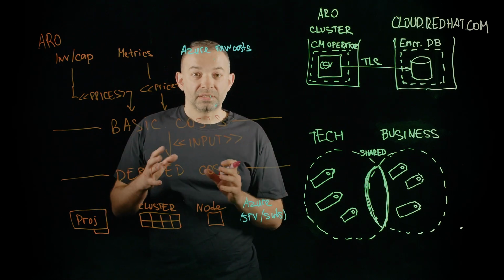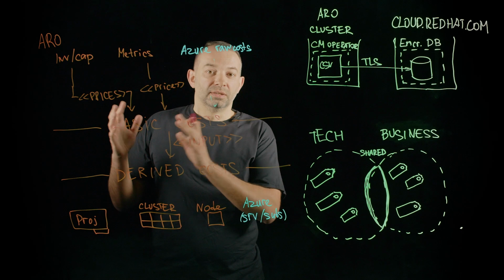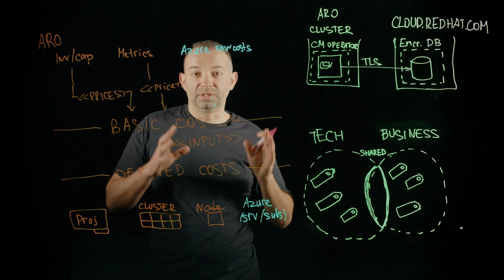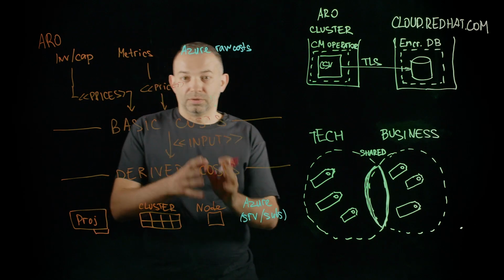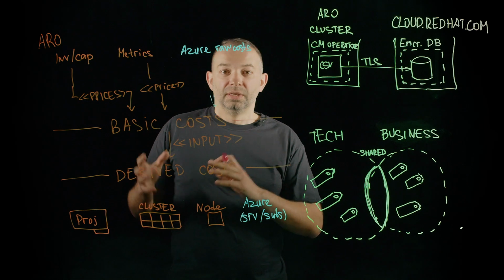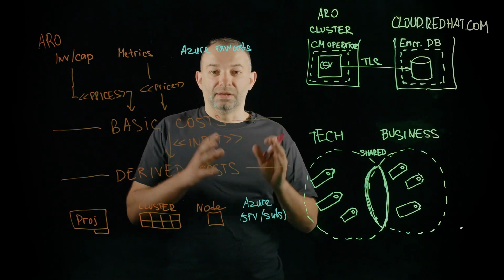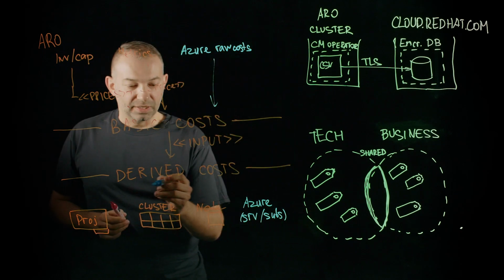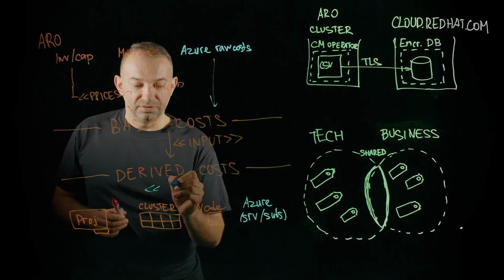Maybe you have several clusters, and that's why you're interested in this: development, test, production clusters, several production clusters with different workloads, etc. You could also attach and specify derived costs for particular nodes if you have different instances, and also for additional Azure services or subs, right? So that's why you get a distribution here.